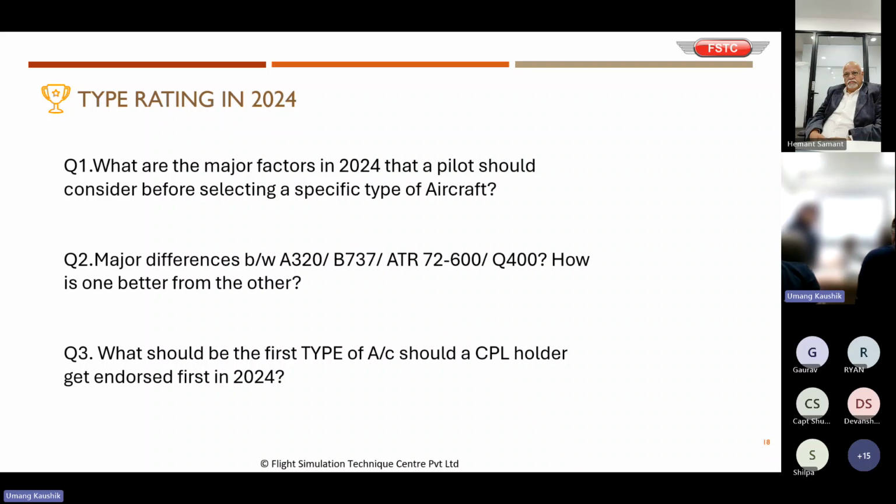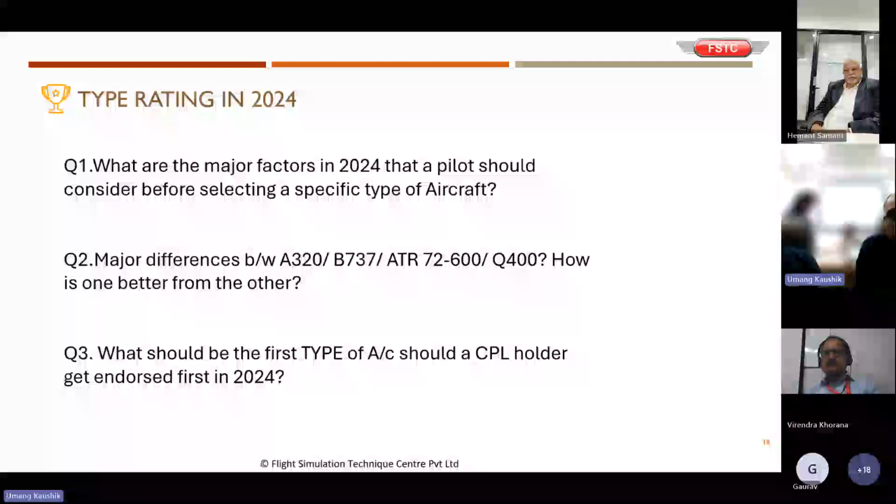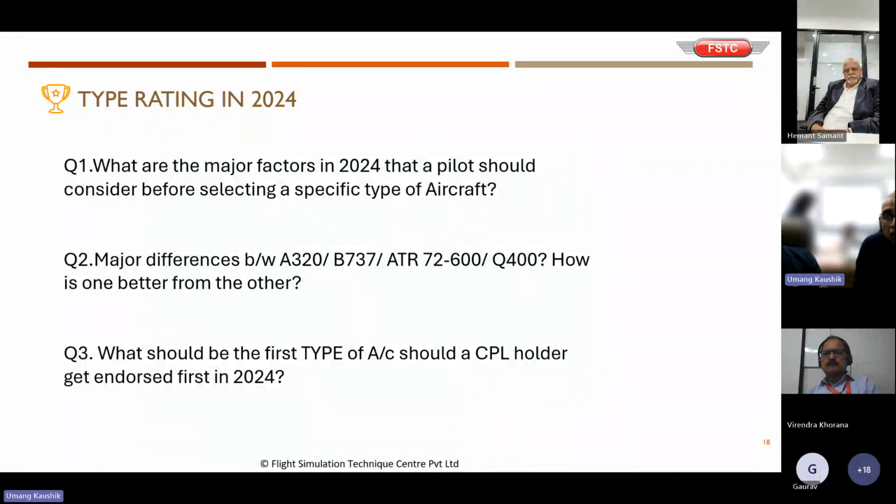Once you start a type rating course, it will take at least 2 months to complete the course, and then 1 month to get the endorsement done. So if you wait a month or two, you will be lacking a month or two. You will be going ahead and ahead. How many months you wait, that much later you get the endorsement and your job. And remember, there's one more thing.